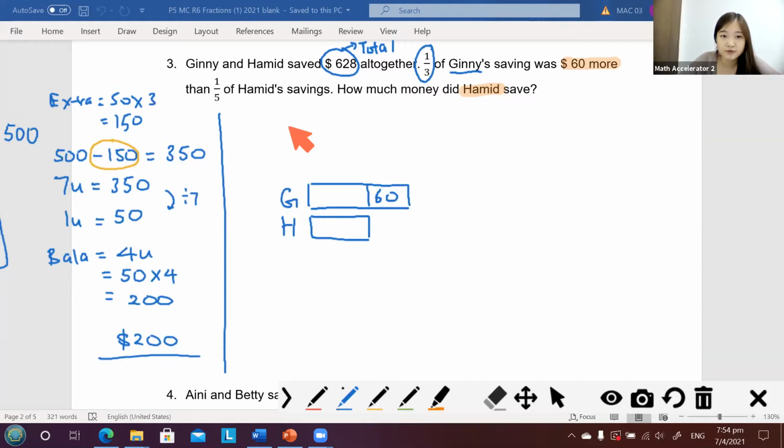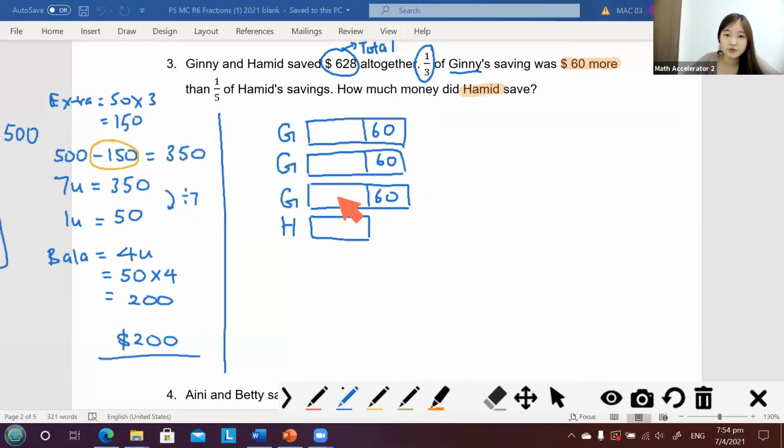You will need to have 2 more. 1/3, 1/3, 1/3, you would have a total of 1 whole.